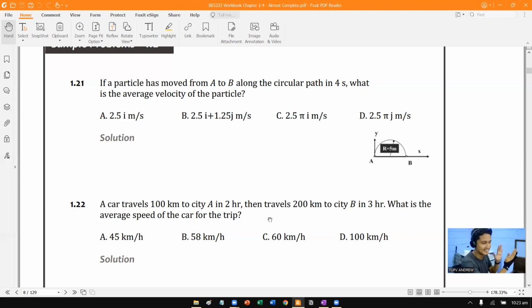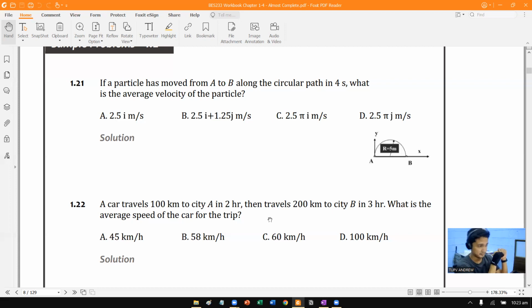So that would be 10, the diameter from A to B. So 10 meters divided by 4 seconds would be 2.5. And i refers to the x-axis. So the answer would be 2.5 i meters per second.